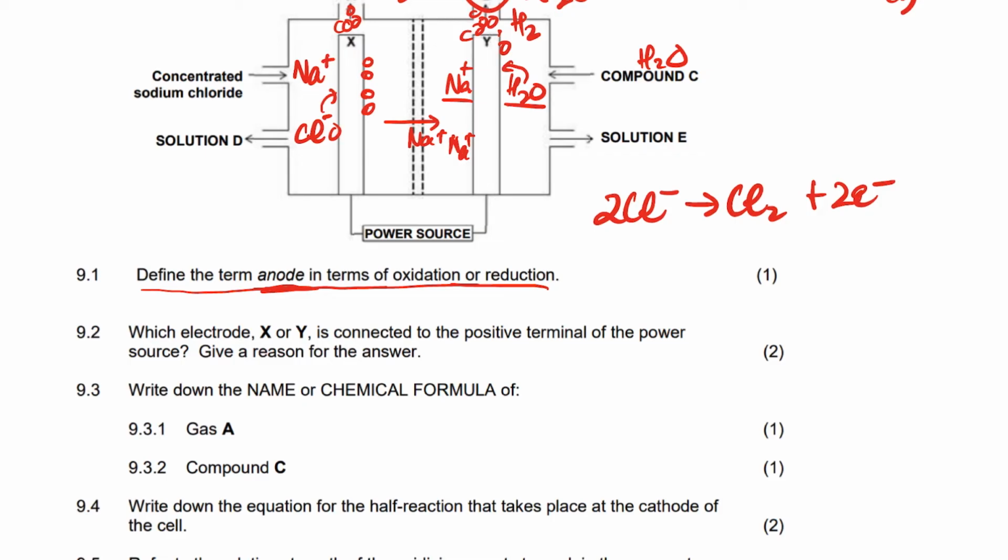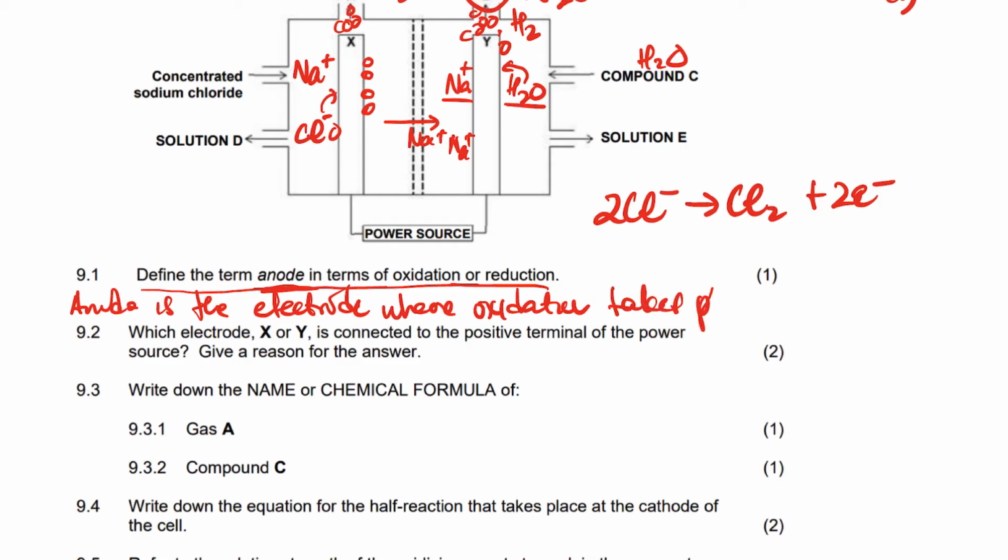So you will say the anode is the electrode where oxidation takes place. I don't know how you're going to explain it in terms of reduction, but the anode is an electrode where the oxidation takes place.